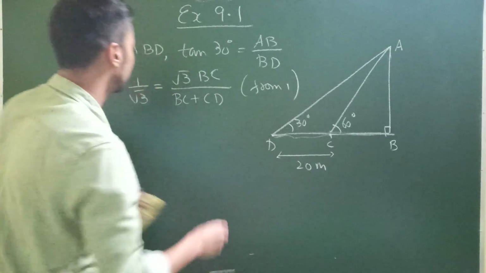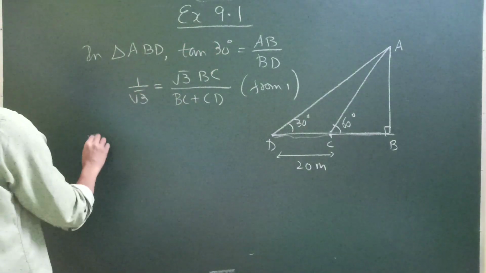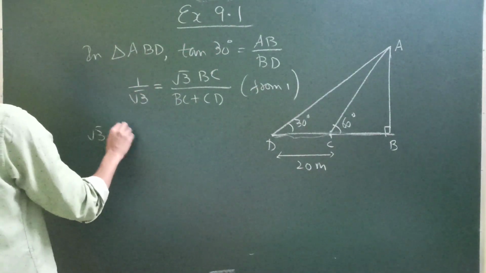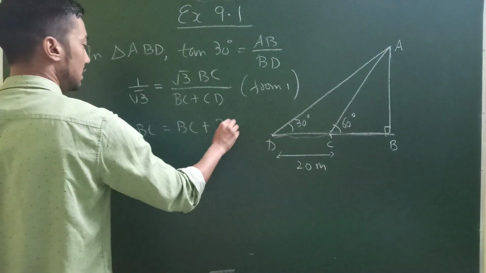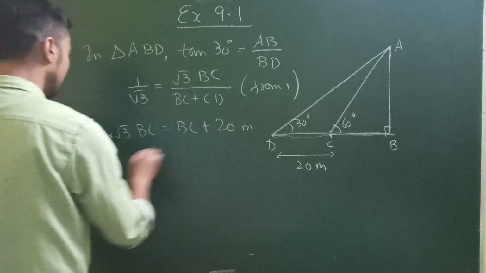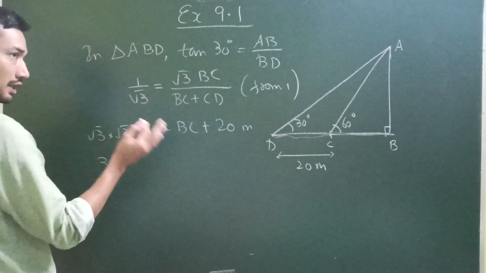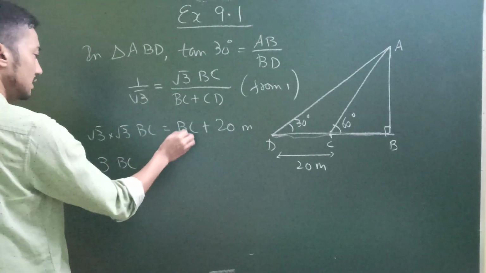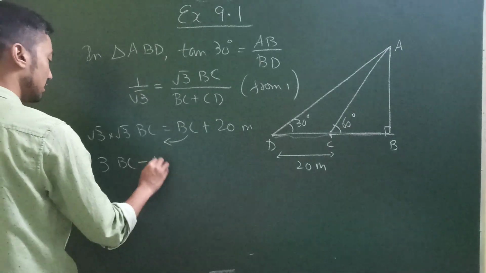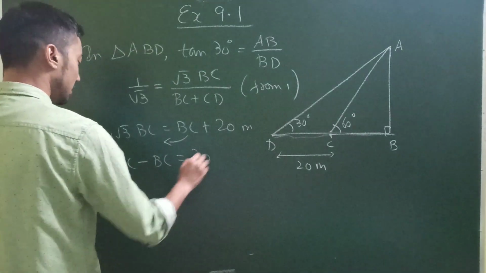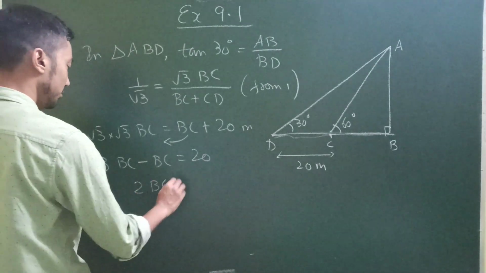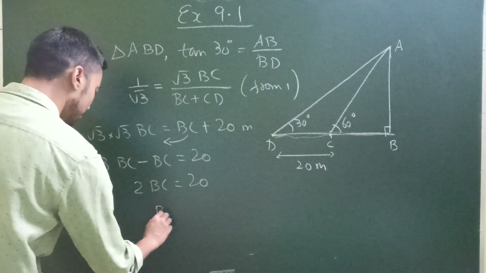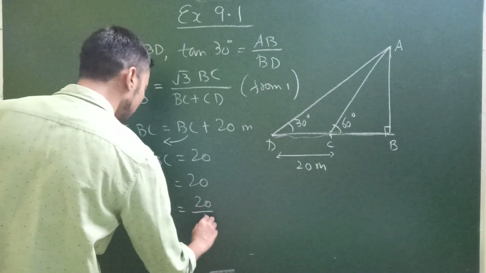So now let's cross multiply. Root 3 into root 3 BC is equal to BC plus CD, which is 20 meters. Root 3 into root 3 is 3, so 3 BC, bringing BC to this side, becomes minus BC equal to 20. So 3 BC minus 1 BC is 2 BC equal to 20. So BC will be equal to 20 by 2.